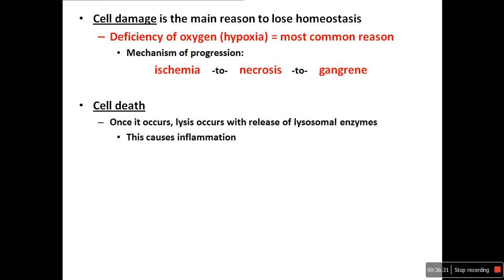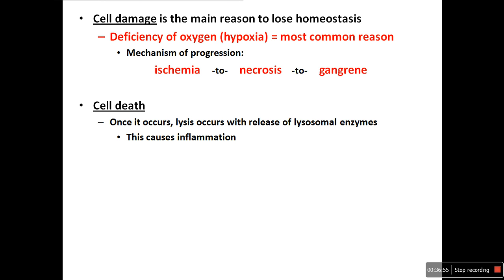So that's called ischemia. Necrosis, after the cell dies. There are different types of necrosis, which will be discussed later. And we have gangrene.